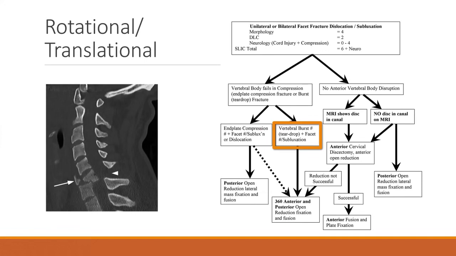Similarly, this decision leads to an anterior and posterior approach for vertebral burst fractures associated with facet subluxation or rotational injury, as you will use the anterior approach to assist with the decompression of the retropulsed vertebral body fragment, and then finally proceed with a posterior approach to ensure stabilization and complete reduction.